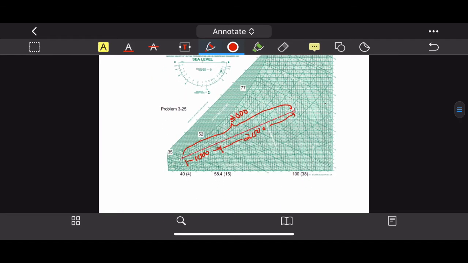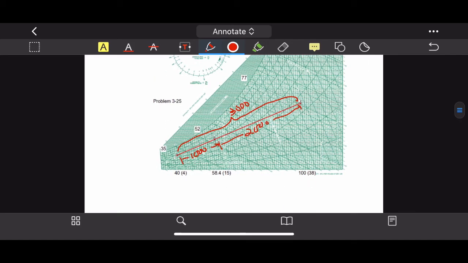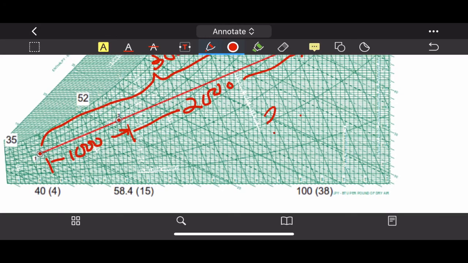Okay, so 3000 because of the length. So the distance, you can use a ruler, right? Take a ruler. What is the distance? This is 2000 CFM, but what is it in cm? From 1 to 2, 1 to 3, and 3 to 2.